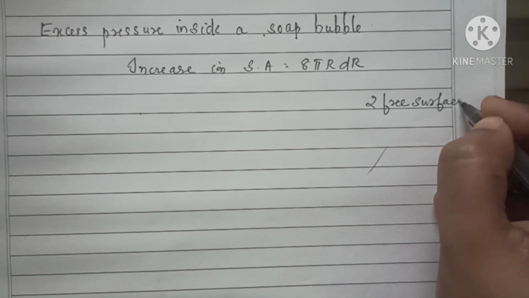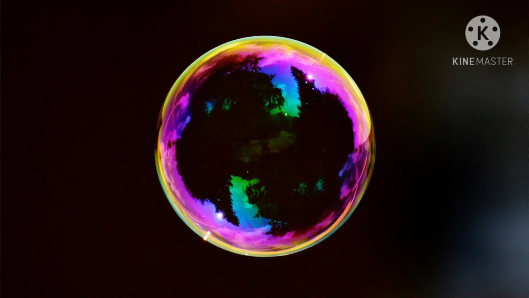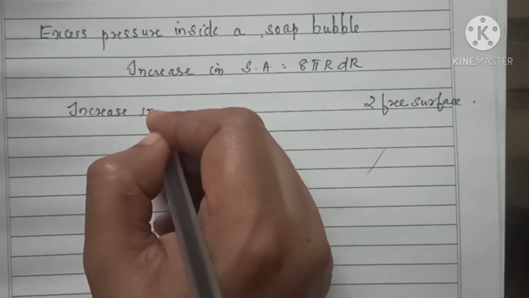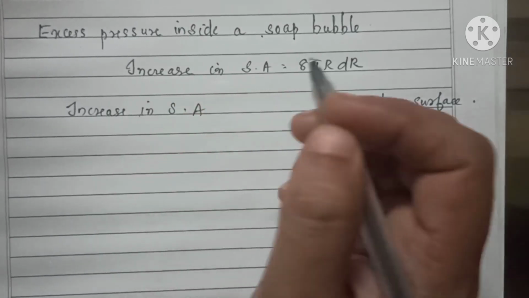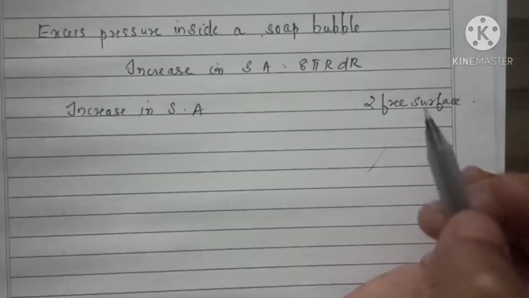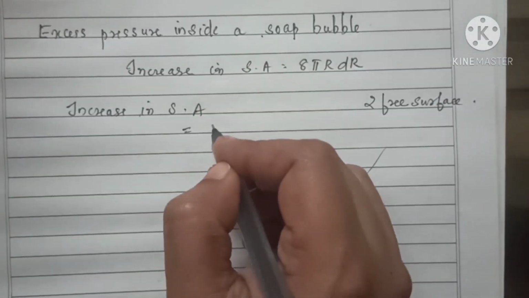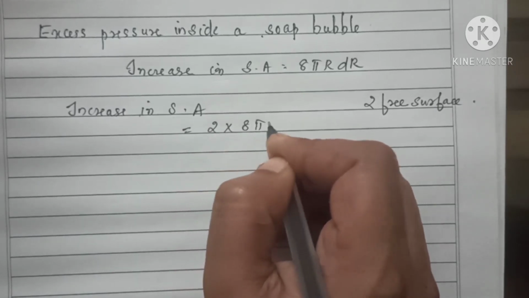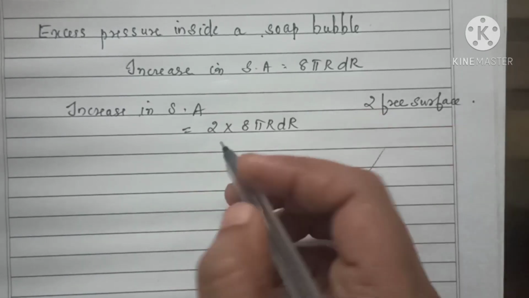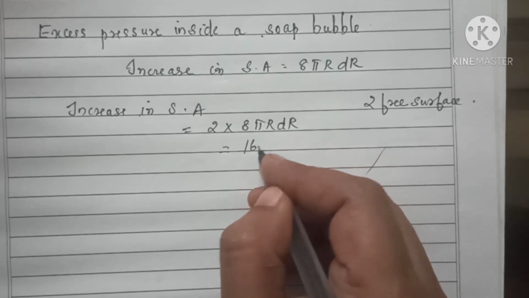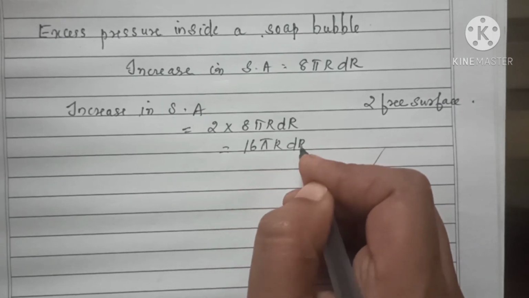When we compare a liquid drop as well as a soap bubble, the soap bubble has two free surfaces. Okay, so effective increase in surface area, how can you write? In the case of a liquid drop, it is 8 pi r dr, but in the case of a soap bubble, it is 2 into 8 pi r dr, which is 16 pi r dr.